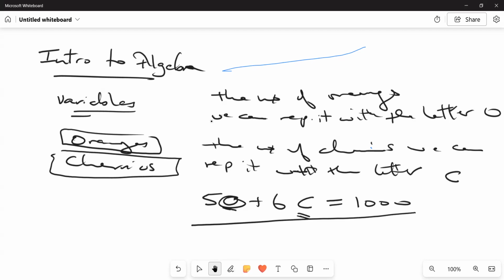So in algebra, that's what we try to do, right? We try to represent variables with letters, right? And that's why a lot of times you see videos or you watch on the internet, you see a lot of strange symbols. All that is happening there is basically symbols borrowed from Greek and Latin and all kinds of places.